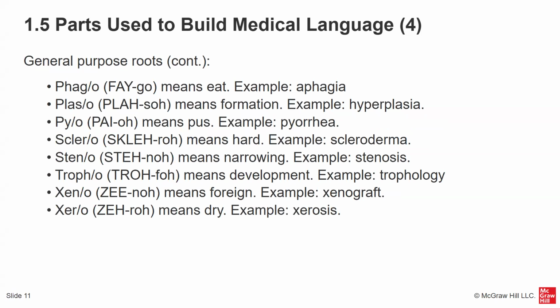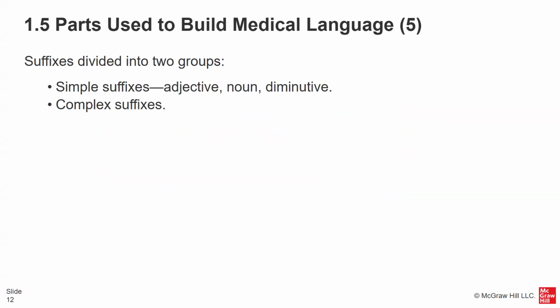So that's word roots. They give us the subject. Okay, what body part or what body area are we dealing with? Then we have suffixes. Okay, suffixes can be simple or they can be complex.